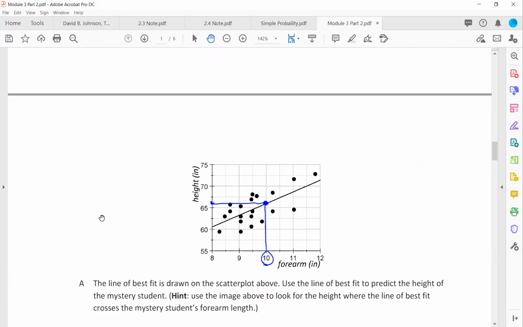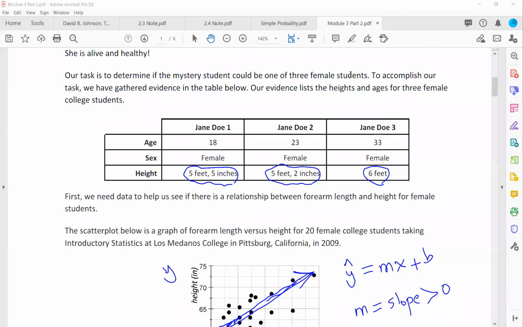So this is our regression line. What are the given heights? First we convert 5 feet 5 inches by multiplying 5 feet by 12, because we have to convert feet into inches. You get 60, 60 plus 5 is 65 inches.